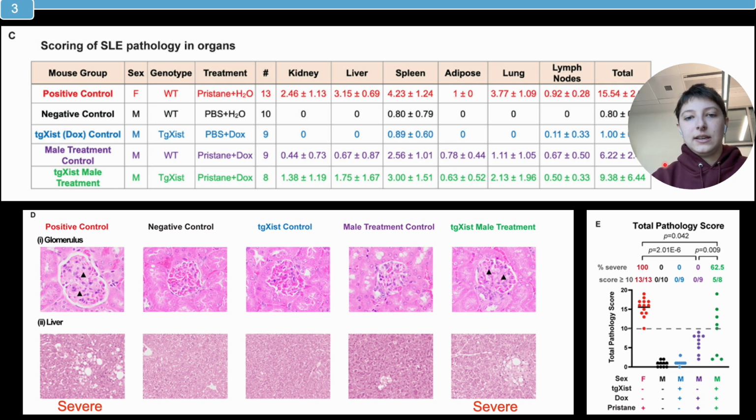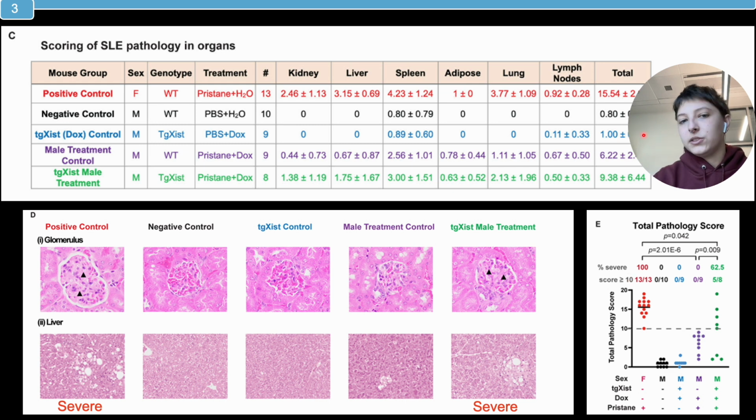And here you can see, oh, this is better. Here you can see that the difference between the females and the test male group was pretty similar. It's still significant, but much less significant than the other groups.